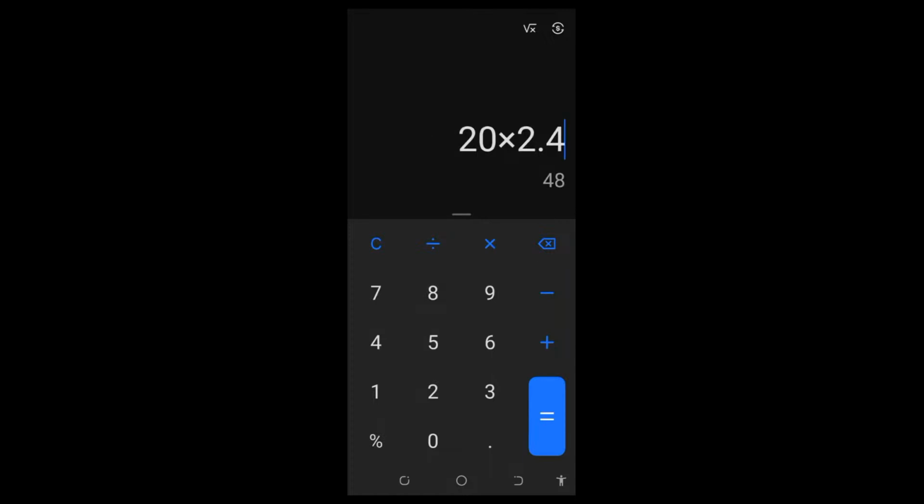So if you had $2,000, for instance, times 2.4%, what will you get? You get $48. So that means that if you had $1,000, you would get $24 as your profit. If you had $100, you would get $2.40. And that's why with my $20, I was able to get 48 cents.